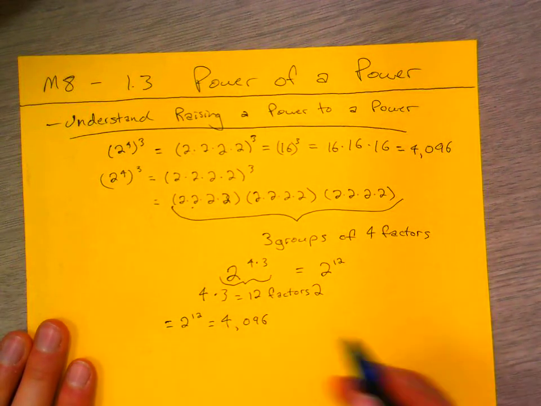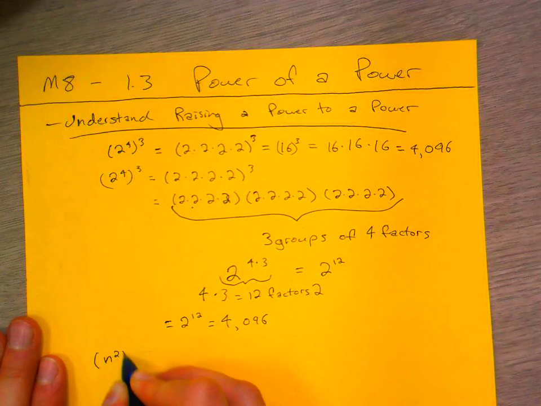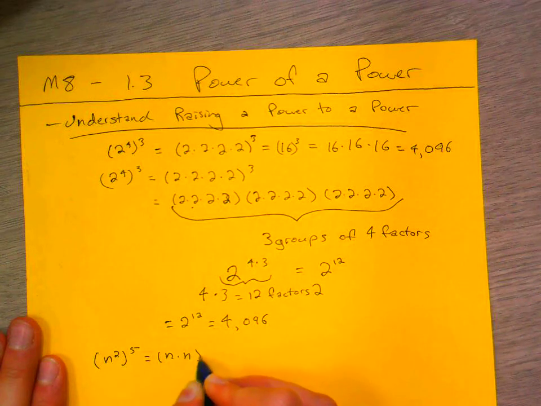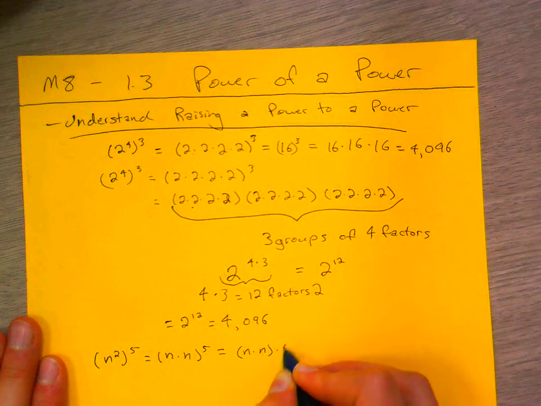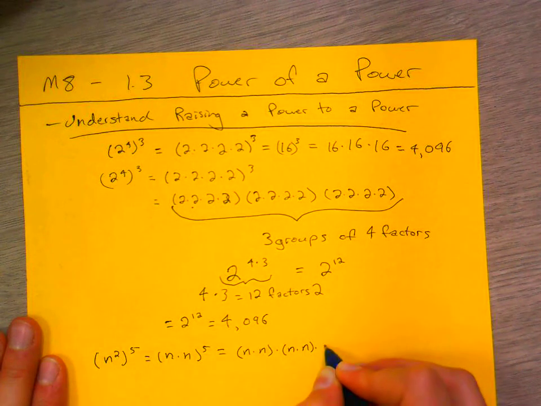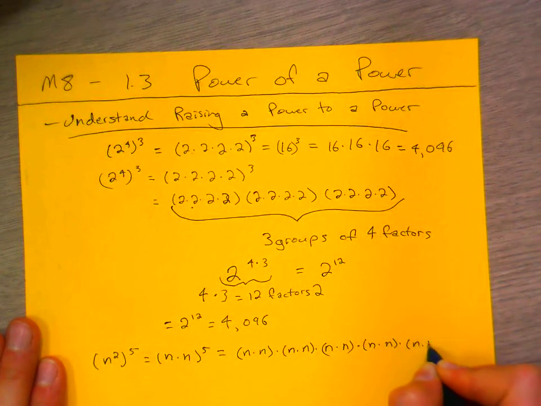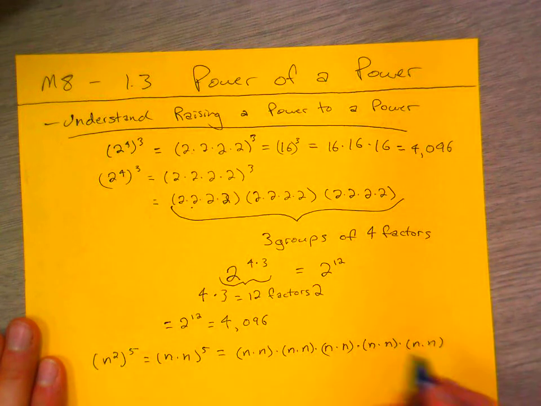You can also use the same method to evaluate n squared to the power of 5. So n times n, to the power of 5. Spread it out: n times n, n times n, n times n, n times n, n times n. 5 times, 1, 2, 3, 4, 5.